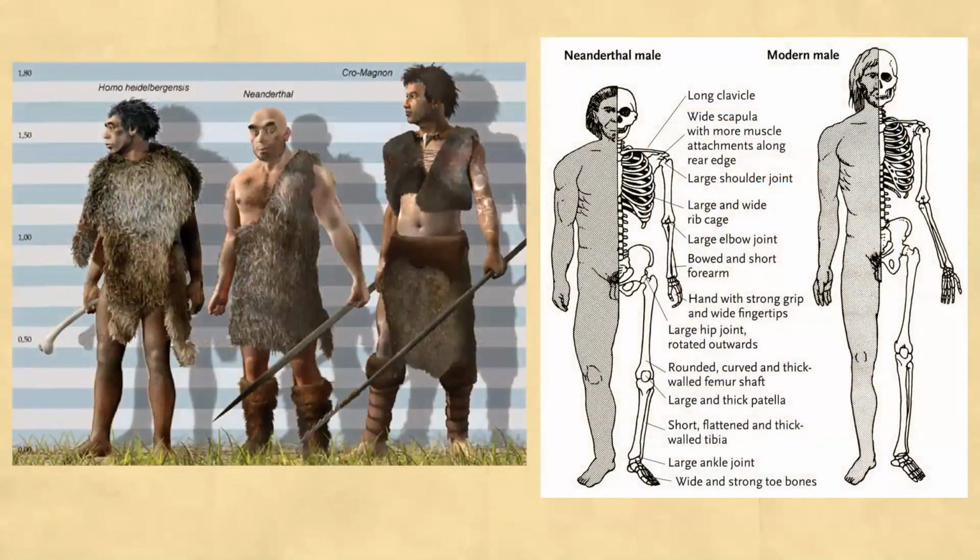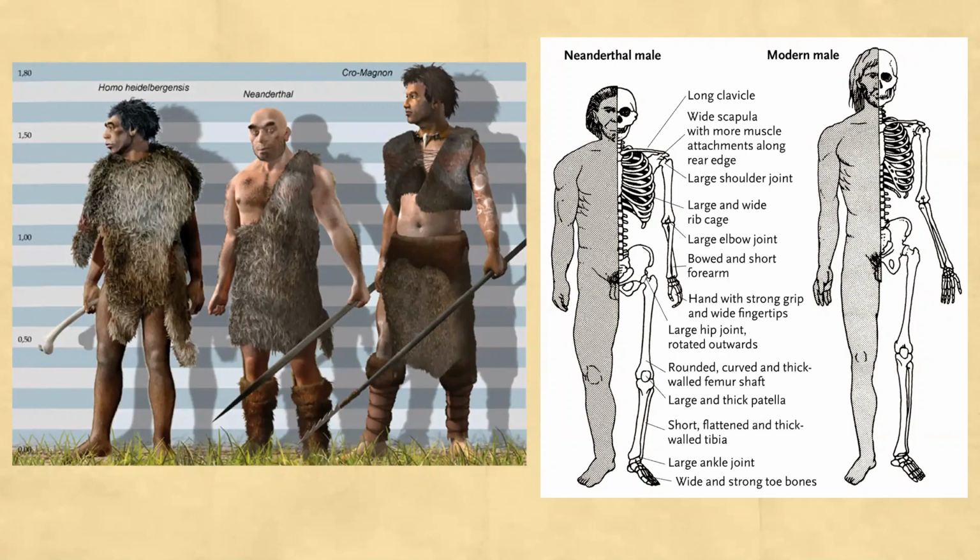So here we can compare the three main players, Homo heidelbergensis, Homo neanderthalensis, and what used to be called Cro-Magnon or early fully modern humans. There are some differences biologically between the modern Neanderthal male and the modern human male.